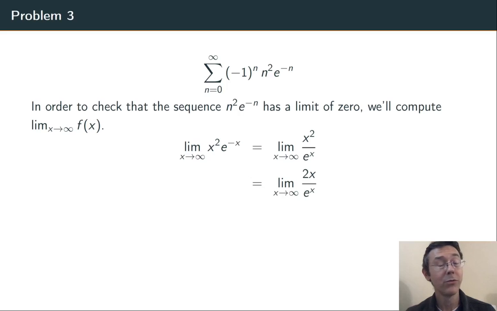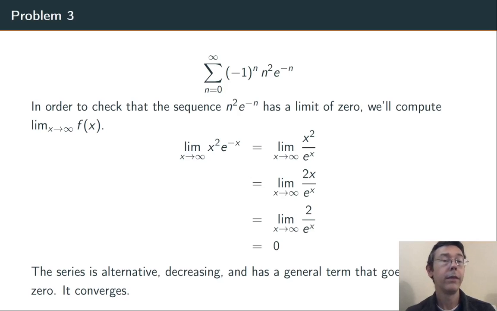Getting infinity over infinity again, we use L'Hopital's rule a second time, 2 over e to the x. Now as x goes to infinity, the denominator is going to infinity, the whole fraction is going to 0. So this series overall is alternating, decreasing, and has a general term going to 0. So it must converge.